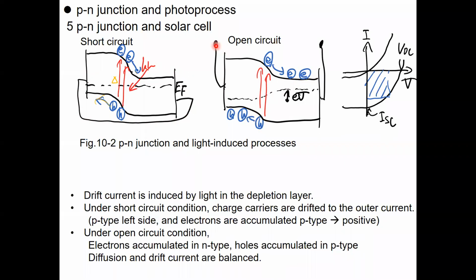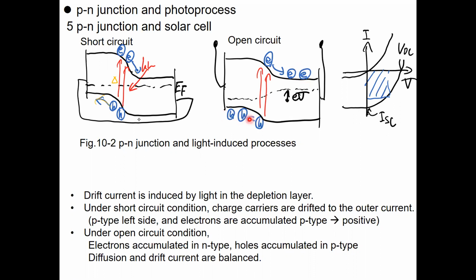But since these two are not connected, the electrons and the holes are accumulated, and then at some moment this is balanced with the diffusion current. But anyway, you can obtain more electrons on the N-type side and more holes on the P-type side, which could generate the voltage, because if you accumulate charge, it can generate the voltage, right? So you can obtain the voltage.